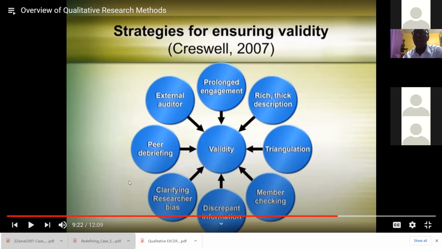So the presence of somebody looking on at what you're doing, and you declaring to that person or to a group that this is what I've done and this is how I've done it, helps to validate your research work, or put strength to it, right? Those are some of the validity issues being spoken about here.